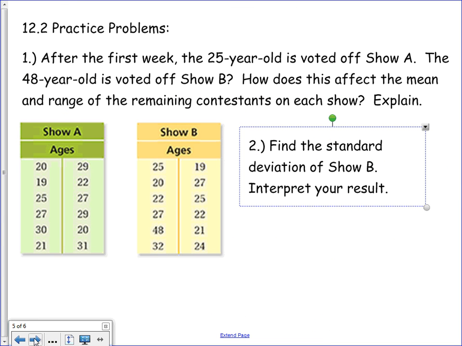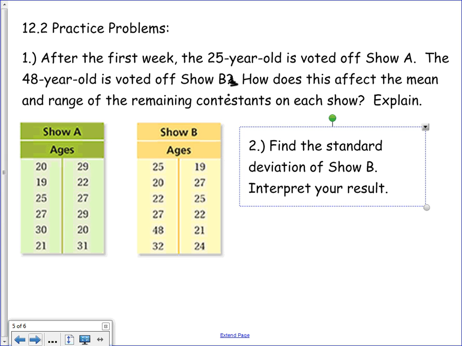All right, now we have 2 practice problems. It says, after the first week, the 25-year-old is voted off of show A, and the 48-year-old is voted off of show B. That shouldn't be a question mark, sorry, just a period. And we want to know how does this affect the mean and the range of the remaining contestants on each show?